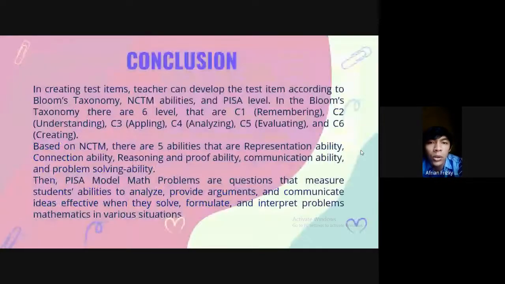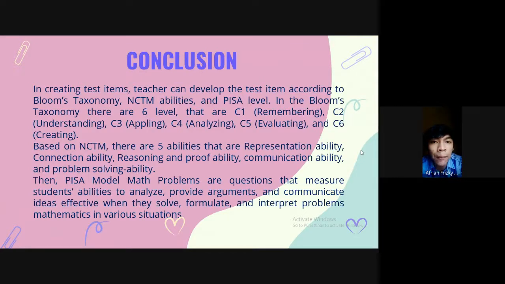Okay, the next is the conclusion. In creating test items, teachers can develop test items according to Bloom's taxonomy, NCTM abilities, and PISA level. In Bloom's taxonomy, there are 6 levels of the cognitive domain, C1 until C6. And based on NCTM, there are 5 abilities: representation ability, connection ability, reasoning and proof ability, communication ability, and problem solving ability.